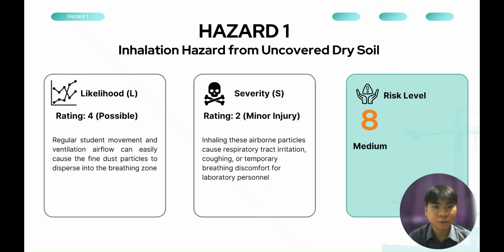The likelihood of this hazard is rated as 4 because regular student movement and ventilation airflow can easily cause the fine dust particles to disperse into the breathing zone. The severity is rated as 2 as inhaling these particles may cause coughing or temporary breathing discomfort. So the overall risk level is 8, which is a medium rating.